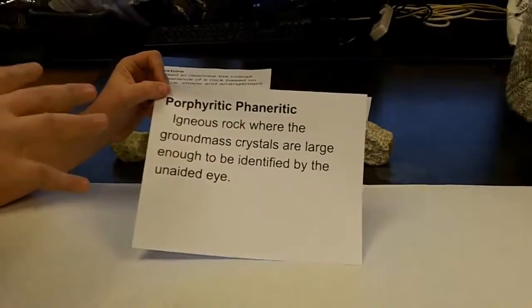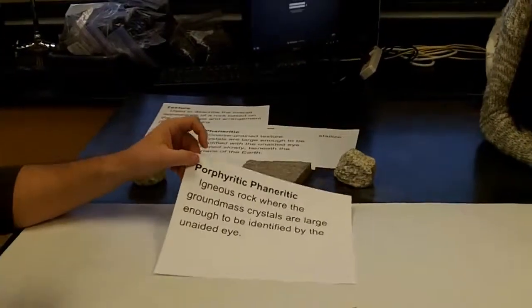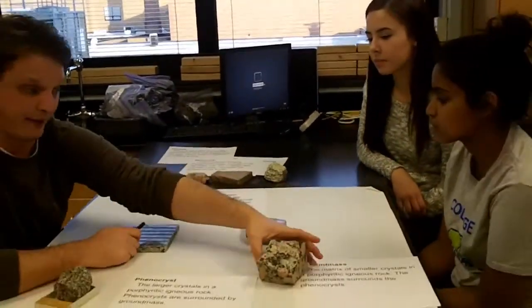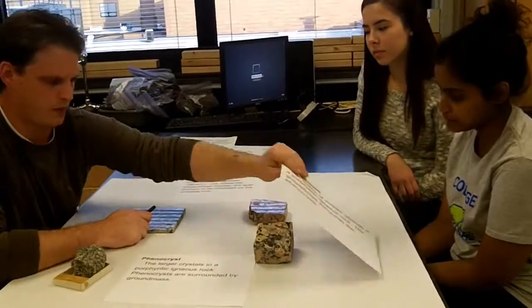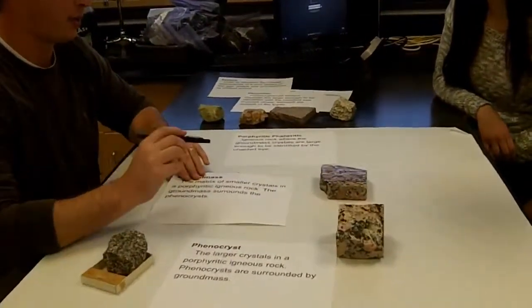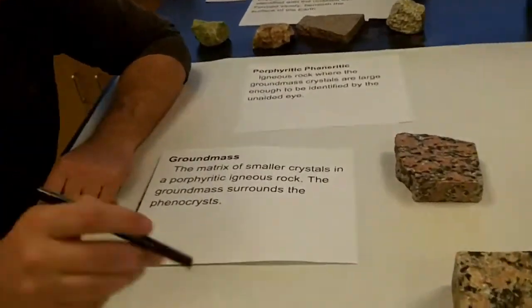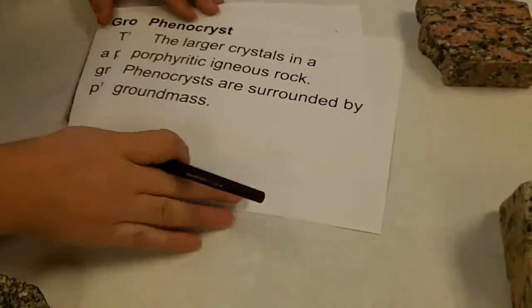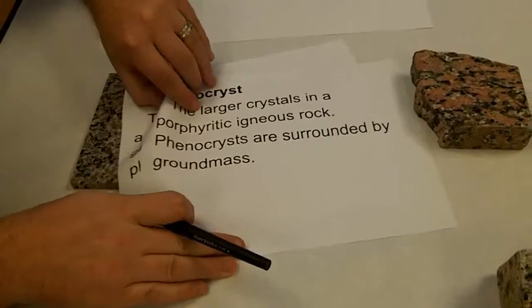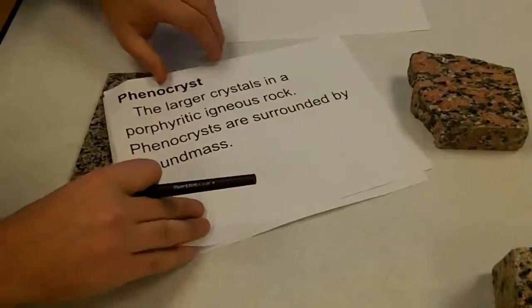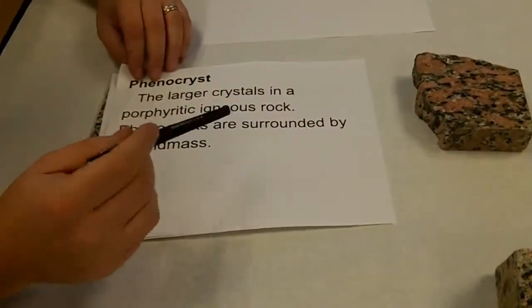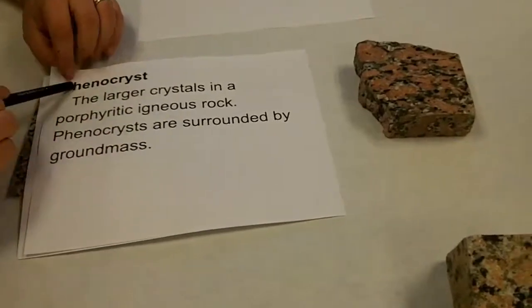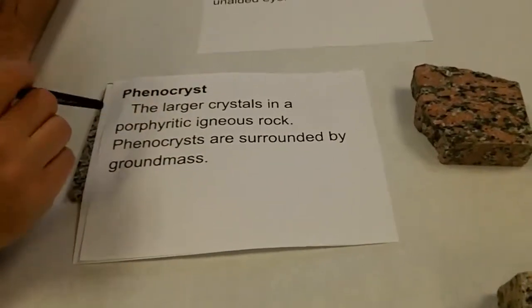All right, so now we've got to identify ground mass and what that is. And we've got that definition too. I'm going to point out what it is first. The phenocrysts are the large crystals in a porphyritic igneous rock.